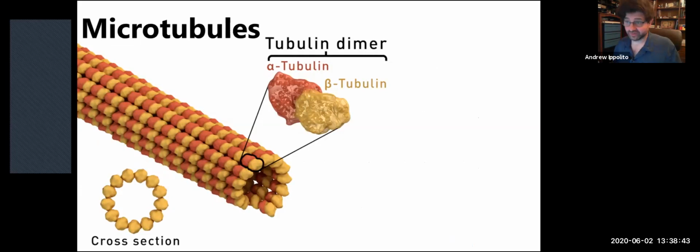And that, so this is the quaternary structure of the dimer. This is a quaternary structure of the microtubule itself. All right, so these are hollow rings. When I have these in class, I can make a microtubule out of my magnets simply by creating a very long chain of these, and then I just wrapped it around itself.